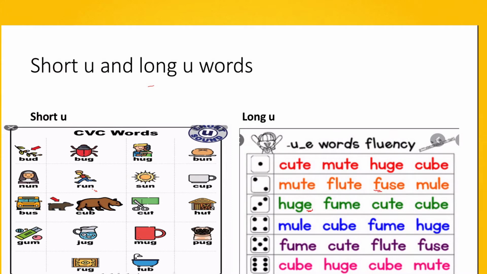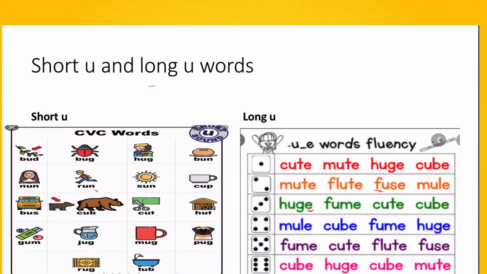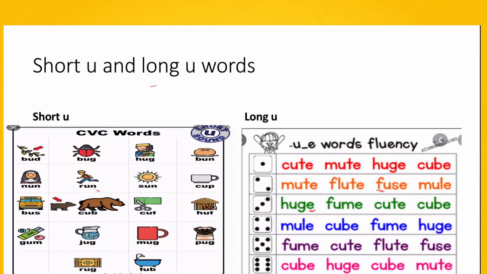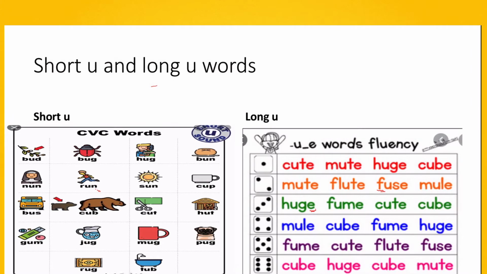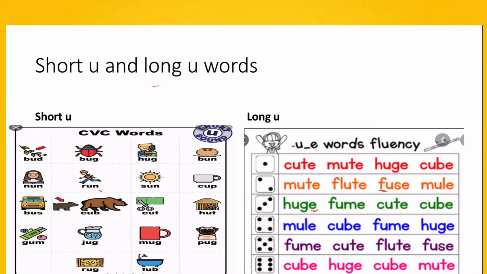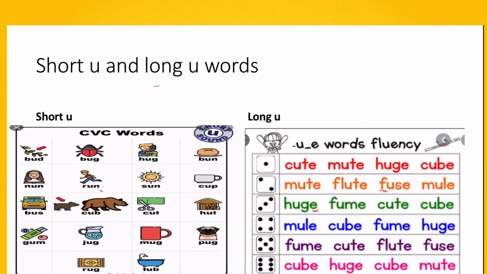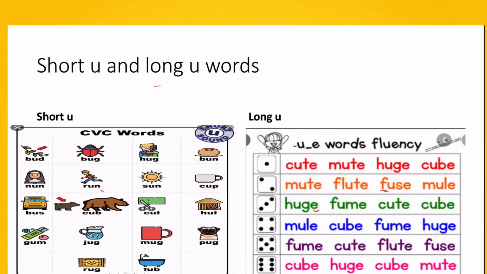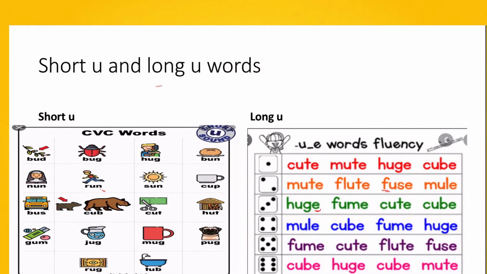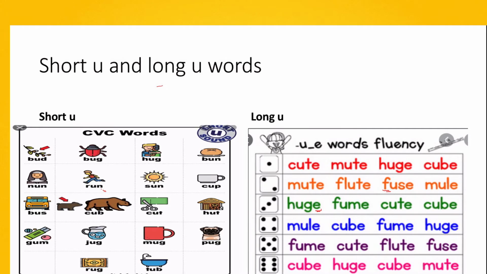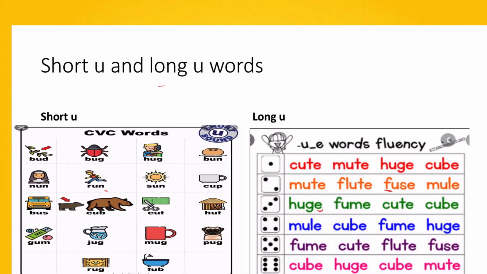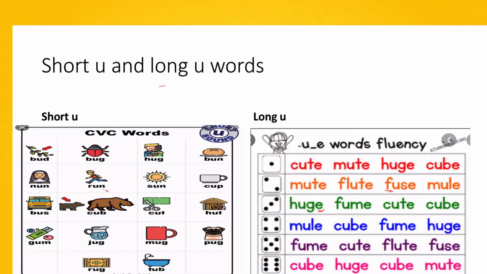The first one is cute, yoo. So it makes the sound yoo: cute, mute, huge, cube, flute, fuse, mule, fume.